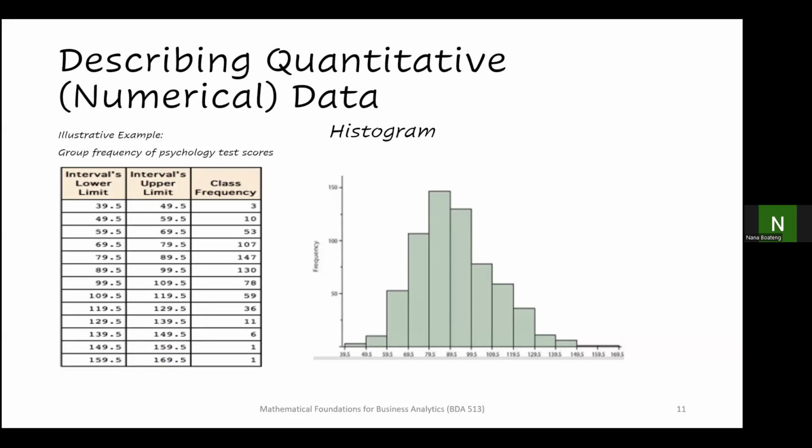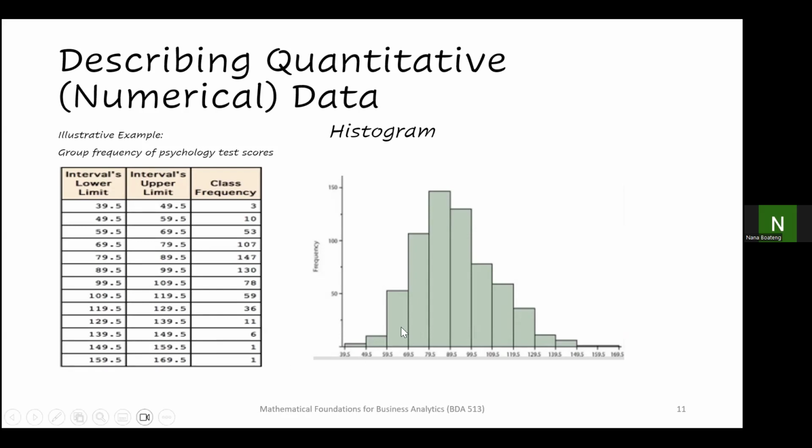Now we have 13 bins, or 13 groupings, so we are able to see how this data is distributed. That means those with a score between 79.5 and 89.5 are the largest group of people, followed by 89.5 to 99.5, and so forth.